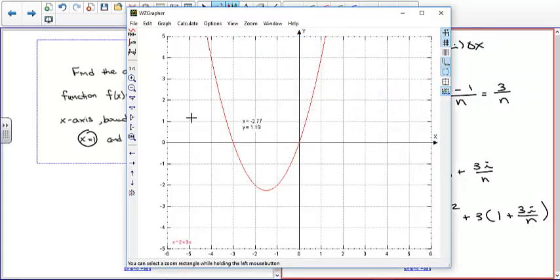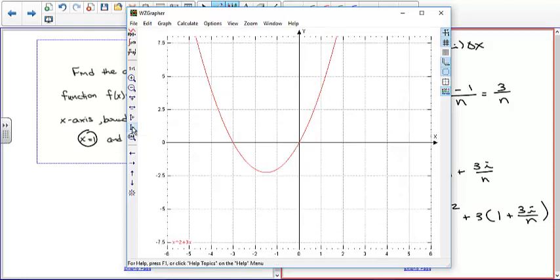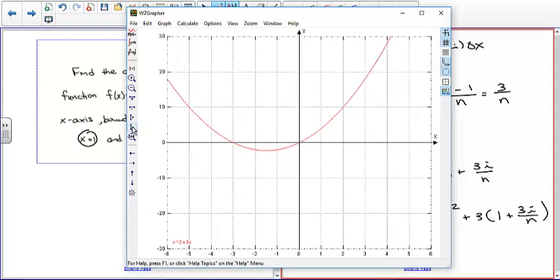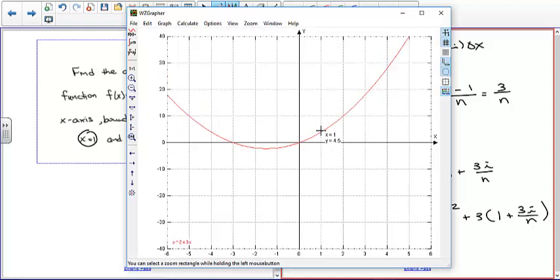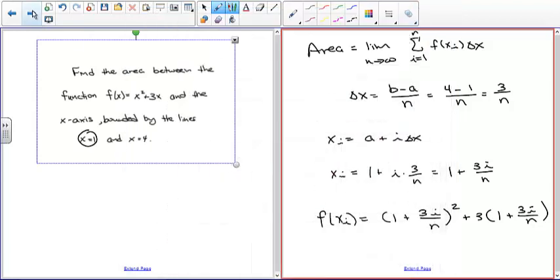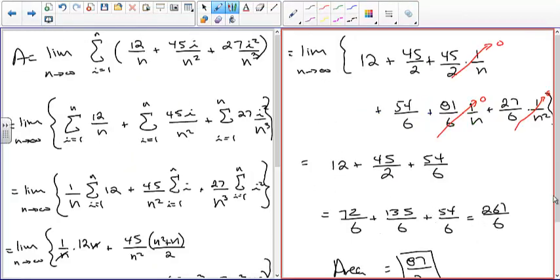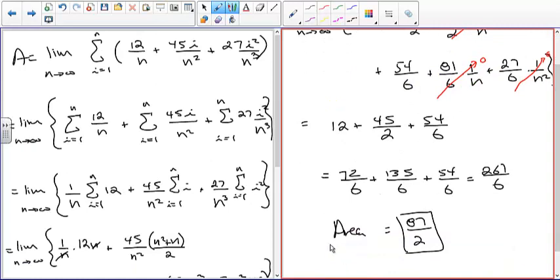So there it is. And what we're doing is we're looking for the area underneath the curve between 1 and 4. So if I drew a vertical line here, come over to 4, draw another vertical line, it's the area here from the red curve down to the x-axis. And calculus tells us that that area is 87.5.